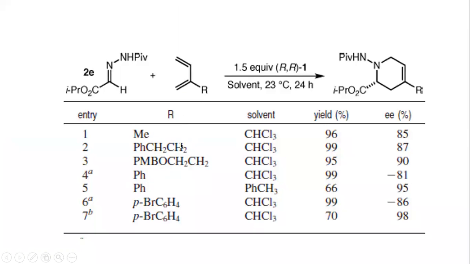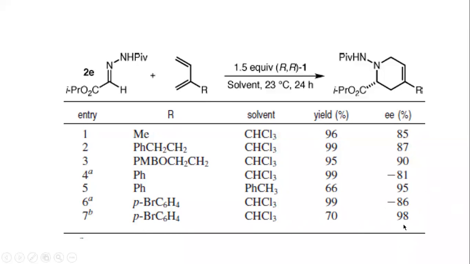All of these different functional groups, all these different substituents here, and you don't see any real diminution in the yield, with the exception of when it's done in toluene and R is a phenyl group, and then when it's done in chloroform, and you got this parabromo benzene as your substituent. But look at the enantioselectivities. This is really good.